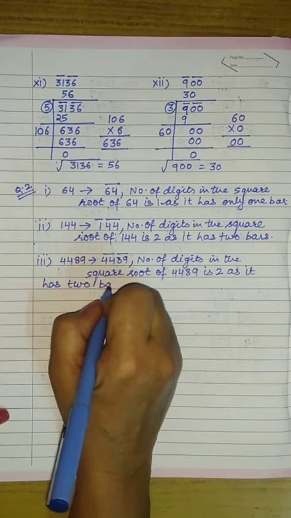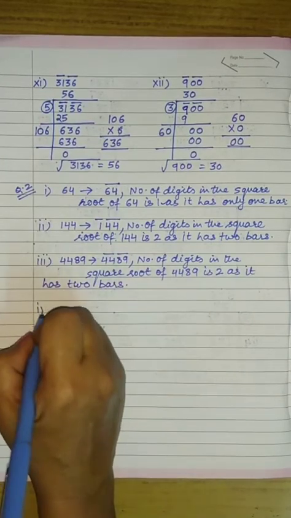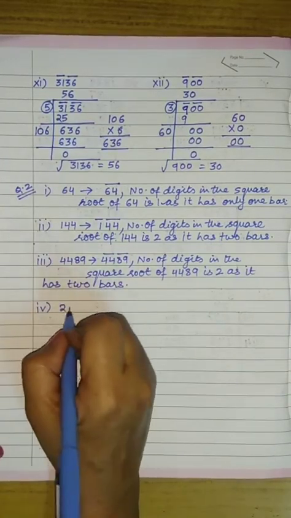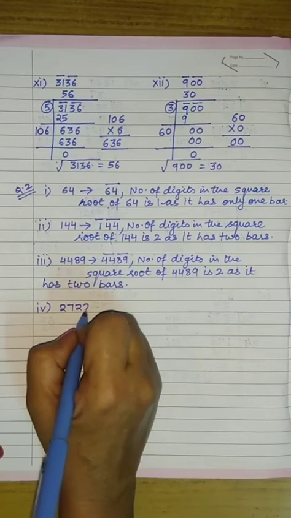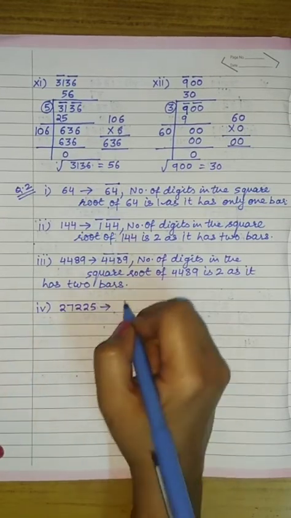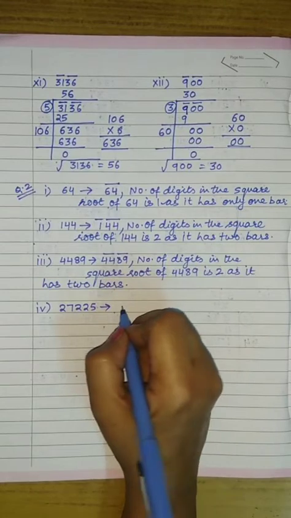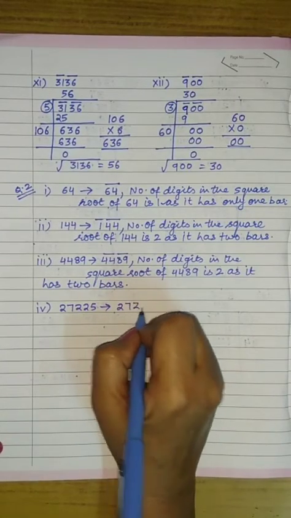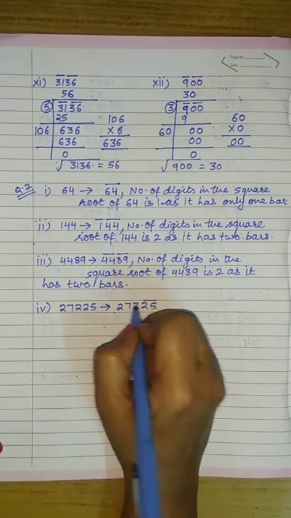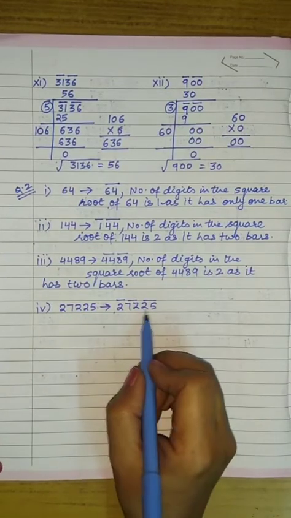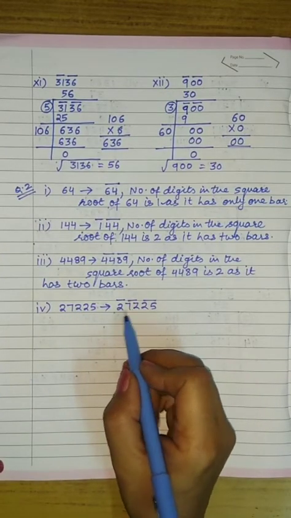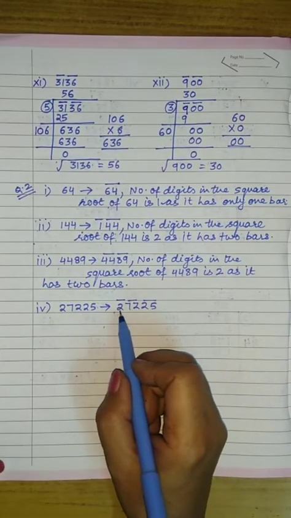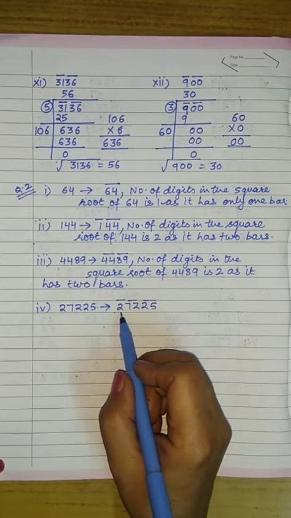In the fourth part of this question, we have the number 27225. Now this number has 5 digits, so we have 3 bars on this number. One is on 25, next is on 72, and the last, third bar is on a single digit, that is 2.